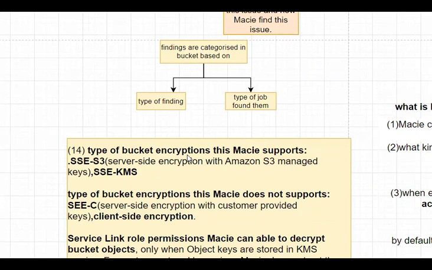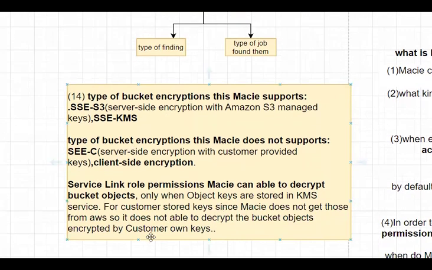Can Macie get those keys? No, right? Macie does not get those keys from AWS, so it is not able to decrypt bucket objects encrypted by customer-owned keys. I have also written that point. So this is one more important point: the types of bucket encryption that Macie supports, the types it does not support, and the reason for this.